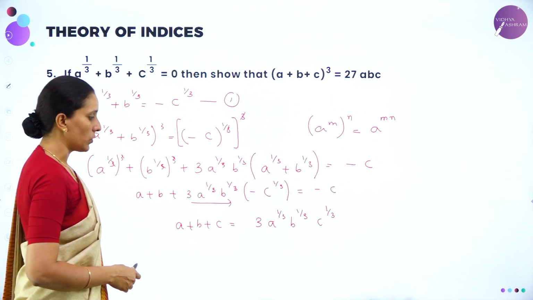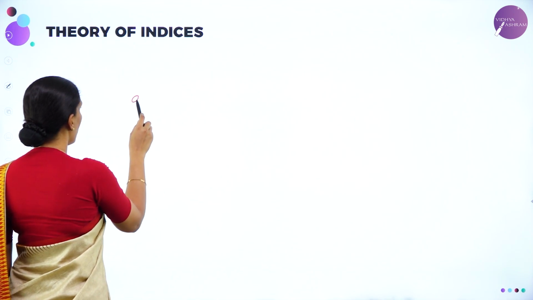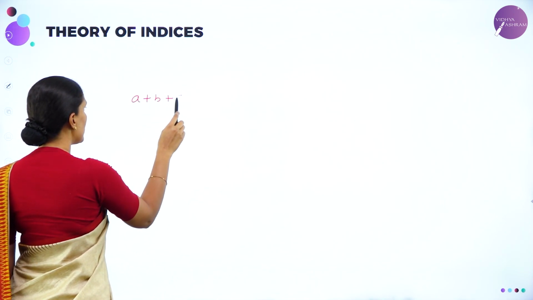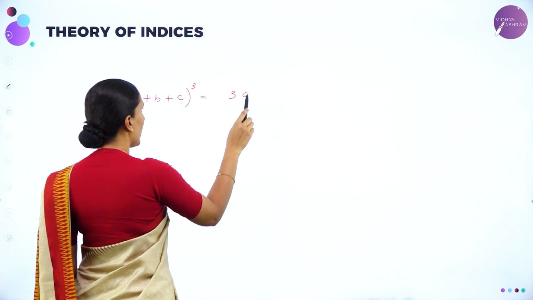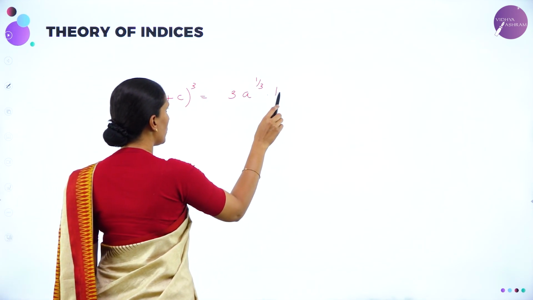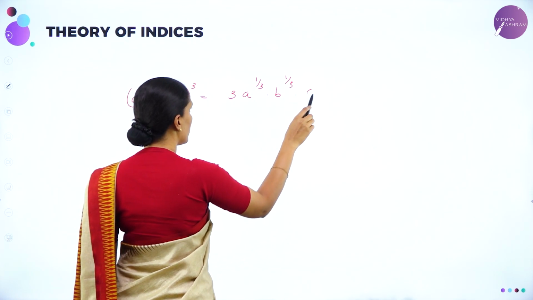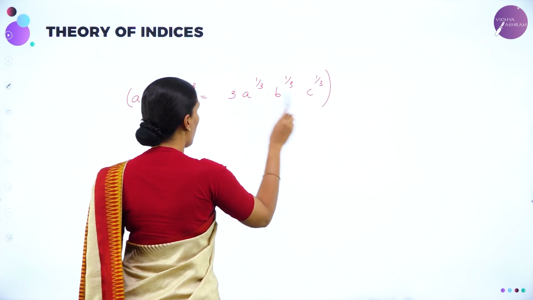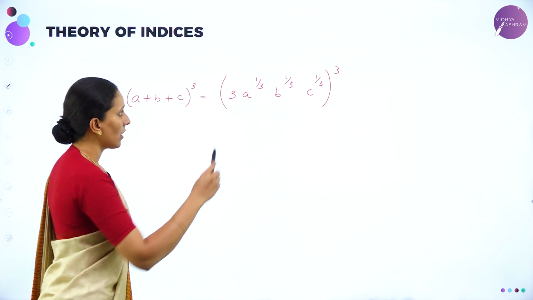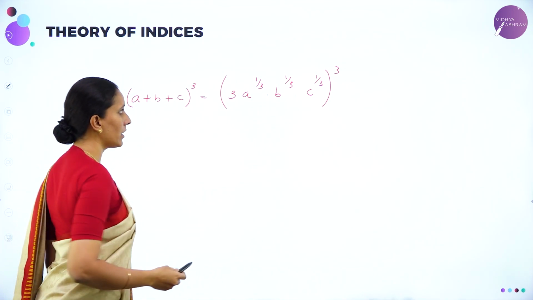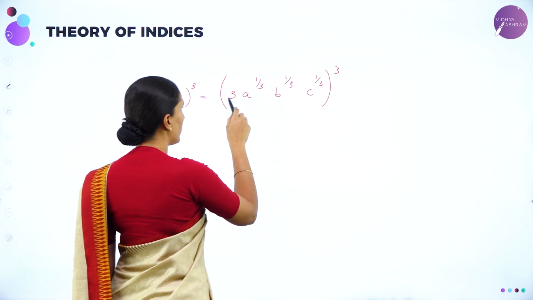Now cubing on both sides, (a + b + c) whole cube is equal to (3 a^(1/3) into b^(1/3) into c^(1/3)) whole cube. So it's a common power to all the terms here. That means we need to cube all the 4 terms here.